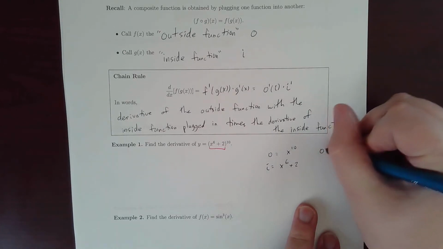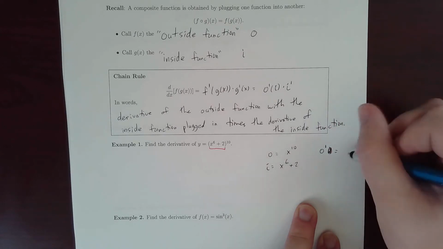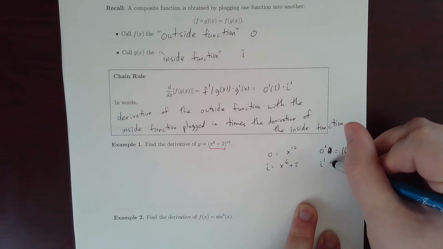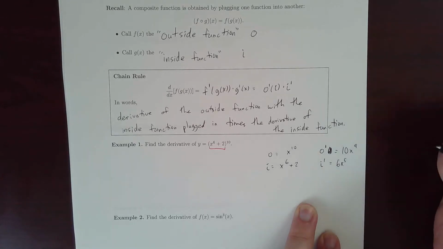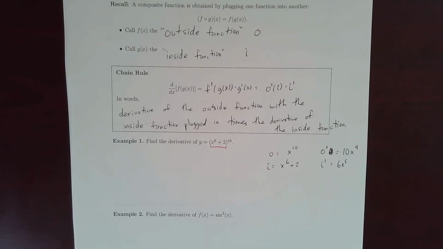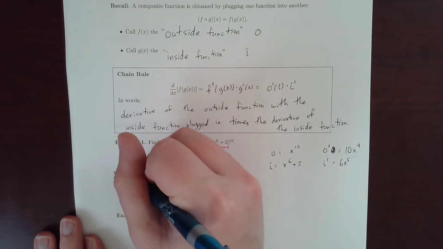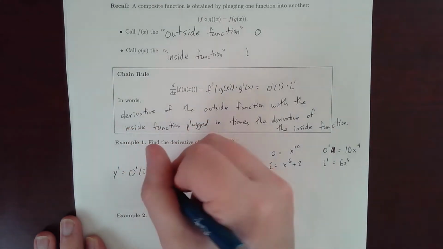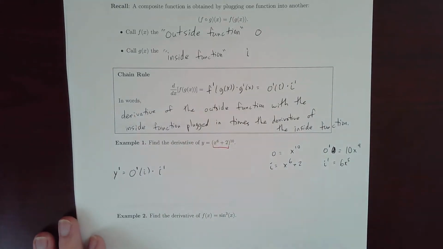And so that means that the derivative of the outside function is going to just be 10x to the 9th, and the derivative of the inside function is going to be 6x to the 5th plus 0. So 6x to the 5th. So then if we want to go ahead and find y prime, we're saying that it's the derivative of the outside with the inside plugged in for x times the derivative of the inside.